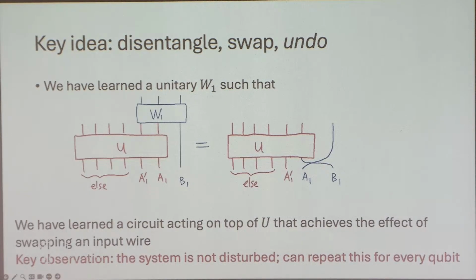The thing is that after we apply W1 to this system with this new ancilla, it is equivalent to the right-hand side picture, which is the same circuit U, except that somehow it achieves the effect of swapping an input wire. So the key observation here is that the system is not disturbed. If we examine the right-hand side picture and look at it from the top, it feels like nothing has happened. And therefore, we can now repeat this procedure. Because at the beginning, we were worried about creating a mess. But now this right-hand side picture is not a mess. It's very clean.